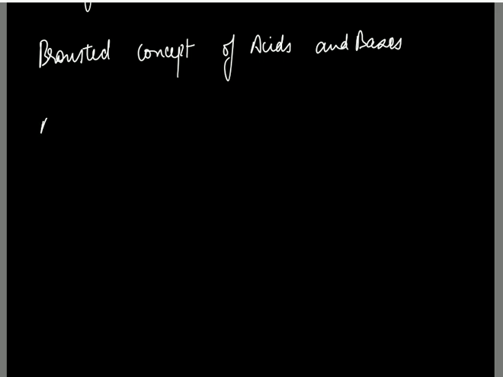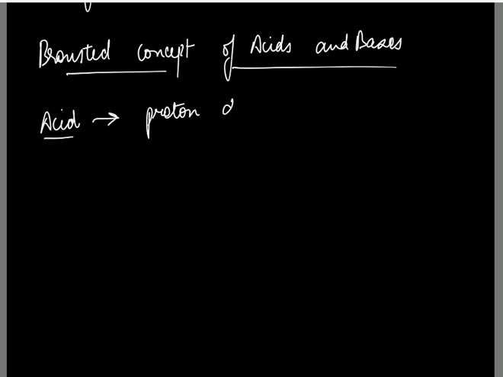So how do we define an acid according to this concept? An acid is a particular substance which is nothing but a proton donor. Now, please do not get confused. These are not protons sitting inside the nucleus of an atom. These are H positive ions. We call the H positive ion a proton because hydrogen is the only element having zero neutrons.